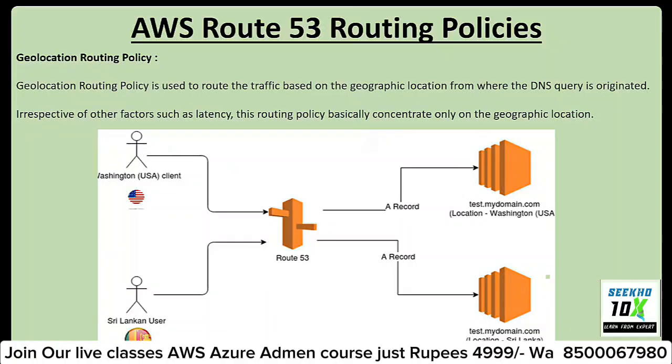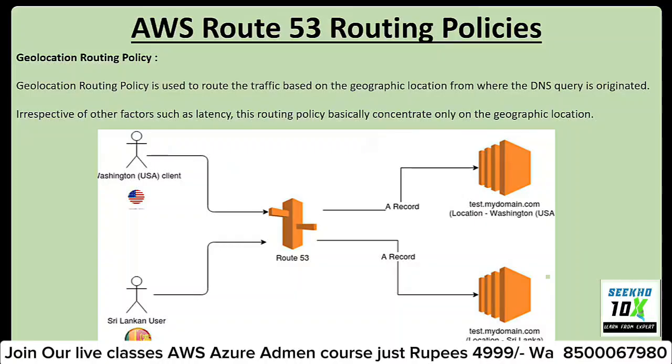So next is the geolocation routing policy. What is meant by geolocation? It's a geographical location. Like, we have two users, one sitting in the US and one sitting in Sri Lanka. Both are accessing the same site, as the site is hosted in both regions. One is in Washington, US, and another is in the Sri Lanka region.